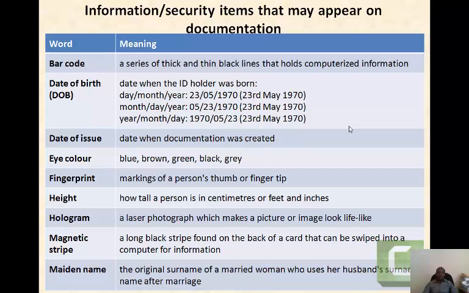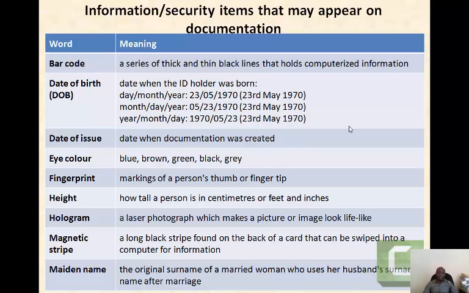What about the date of issue? This is the date when the documentation was issued. Eye color can be blue, brown, green, black, and gray. What is fingerprint? These are markings of a person's thumb or fingertip. Height explains how tall a person is in centimeters or feet and inches.